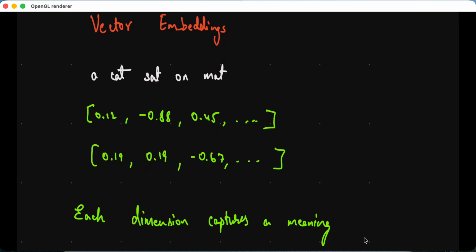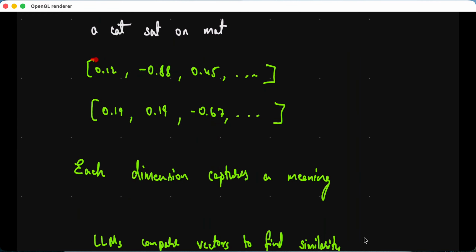So basically, a has some vector embedding, cat has some vector embedding, sat has some vector embedding, on has some vector embedding, and even mat. So everything has some vector embedding, and each number specifies something, let's say some meaning, some relationship with the other words. The embedding specifies where it is in the vector space and in which dimension it is.